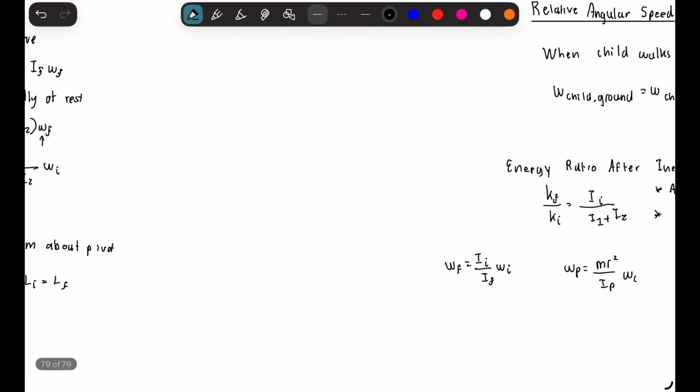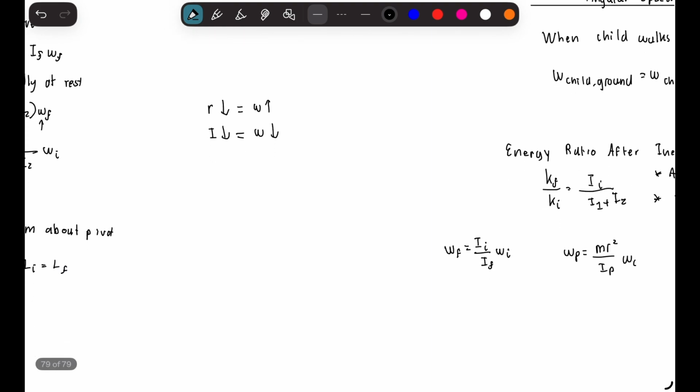And in general, remember that if r decreases, that means that omega increases. And if inertia decreases, that means that omega increases. Remember that angular momentum is conserved if there's no external torque.